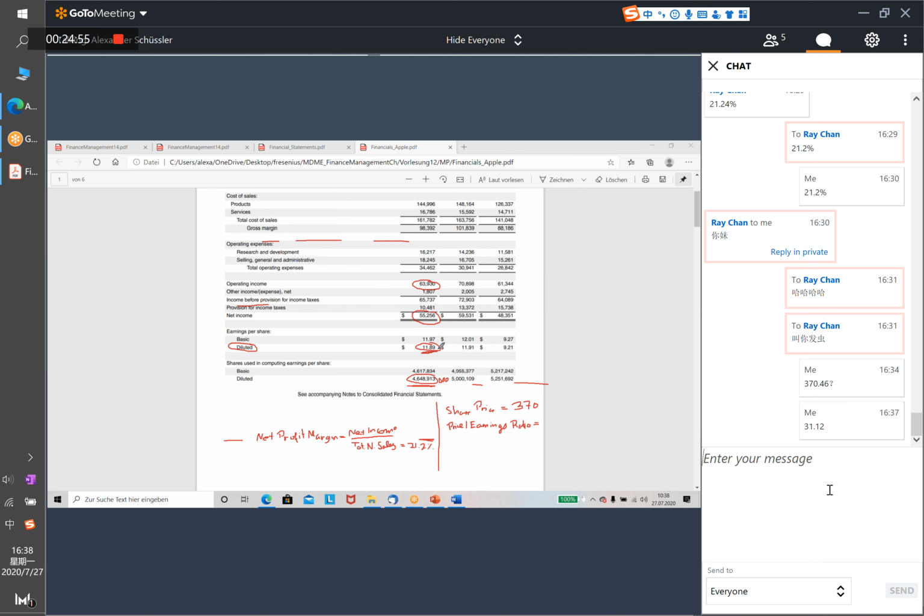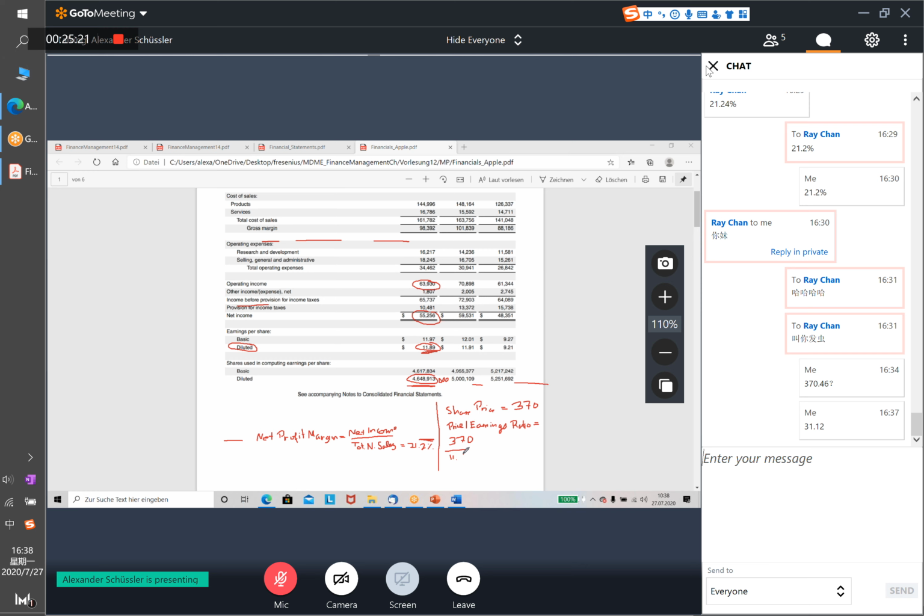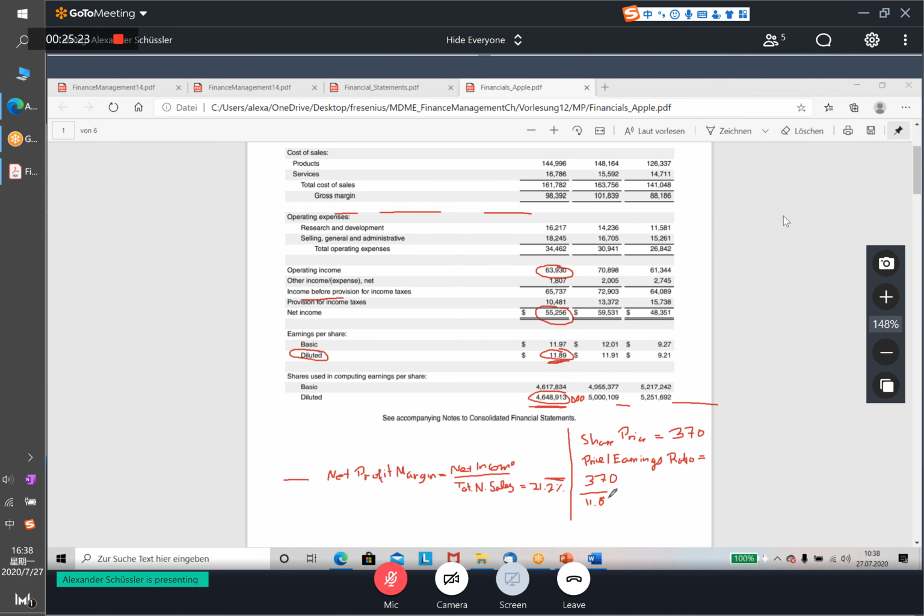Let me check that. This is correct: 370 divided by 11.89 is about 31.